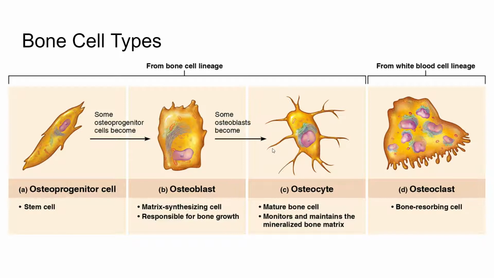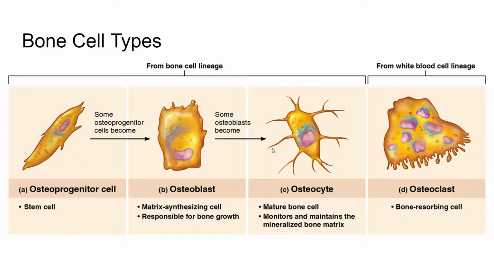It's where it's generated. From that, you can see that next is the osteoblast. The osteoblast's role is to build new bone tissue. It secretes that matrix that the bone is made out of, particularly the collagen fibers, the organic portion of that. And they are responsible for growing more bone.